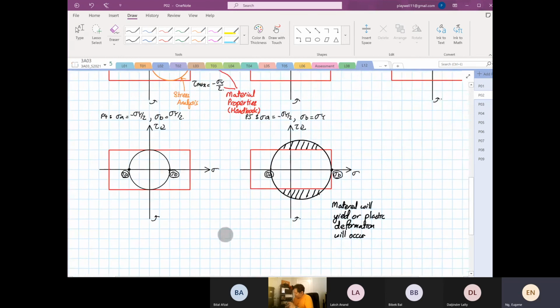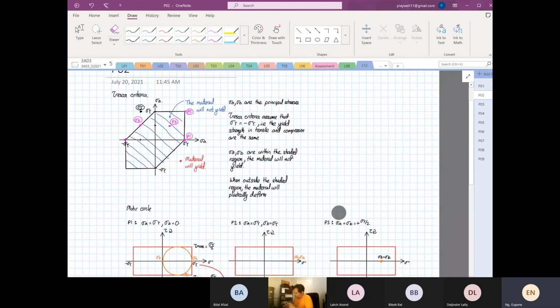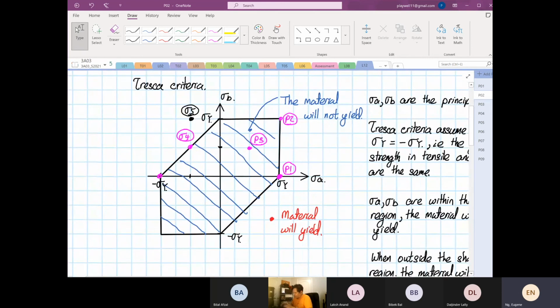Okay, so I think this is a good visualization on why or how Tresca drew this box, drew this map, the operating map.